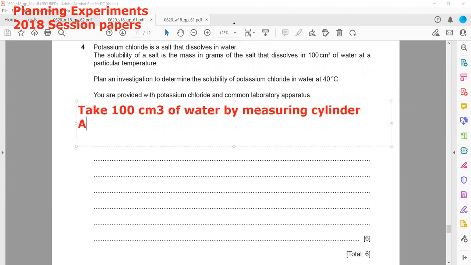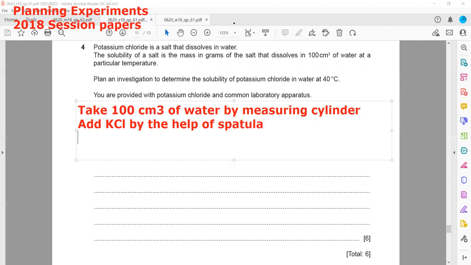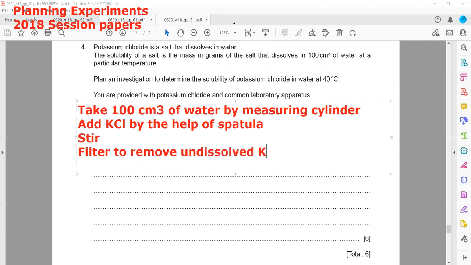Then we will add potassium chloride, KCl, with the help of a spatula. After that, we will stir. Then we will filter to remove undissolved KCl, potassium chloride.